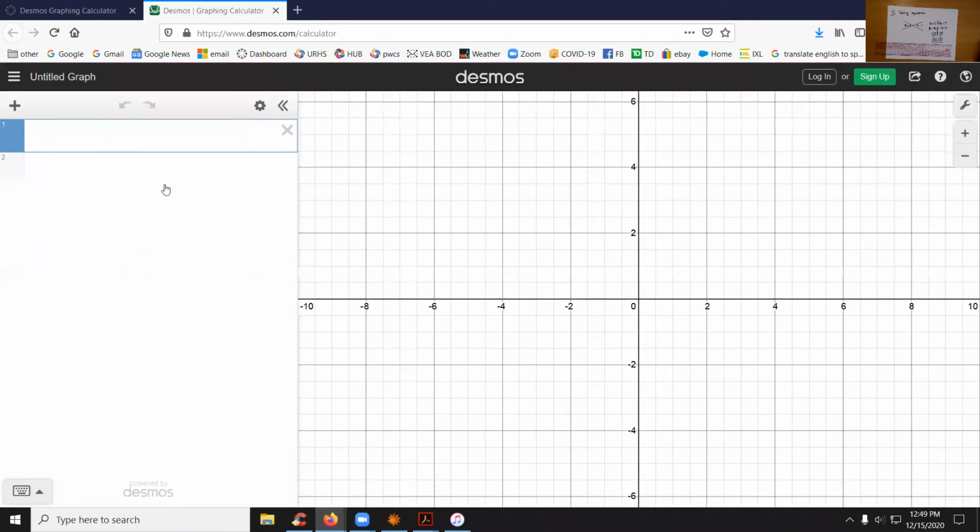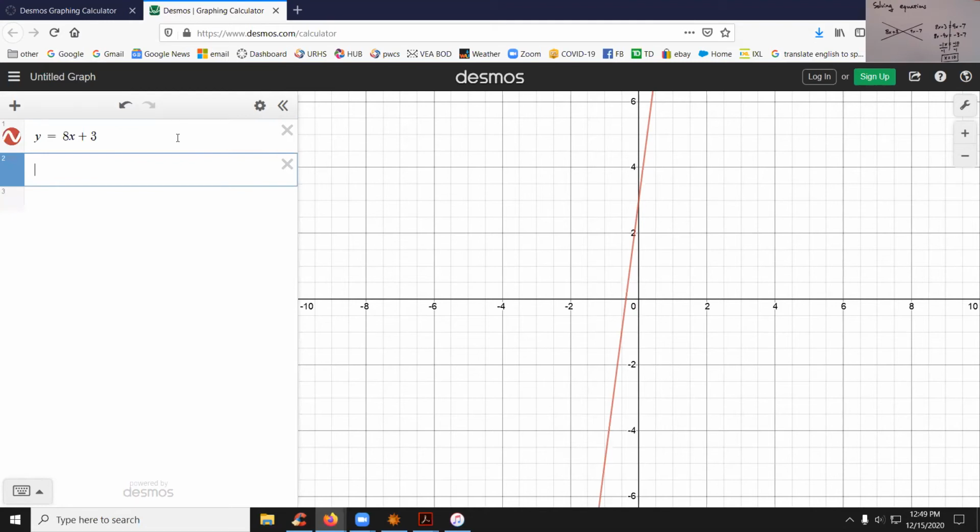Now, in that problem that we just had, where we had this equation, one thing you can do is graph the left-hand side and graph the right-hand side. So you say y equals 8x plus 3, and it graphs a line. And then y equals 9x minus 7.